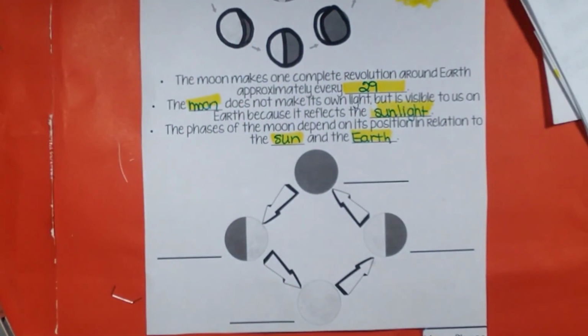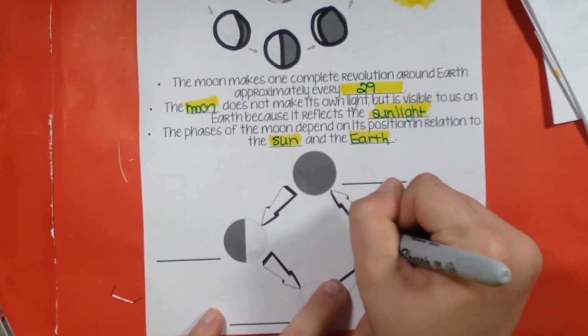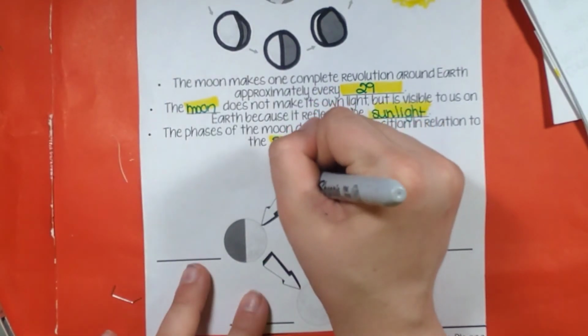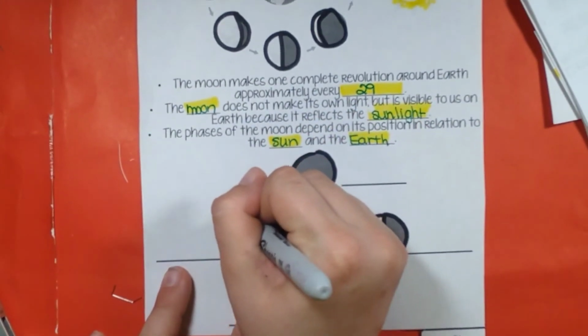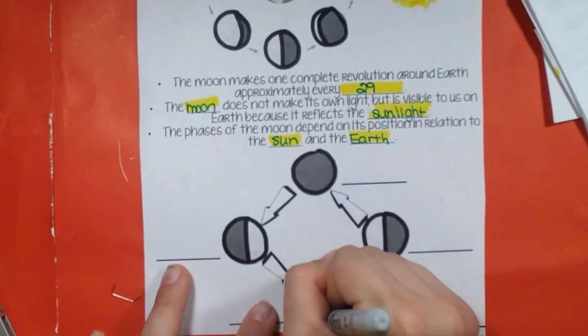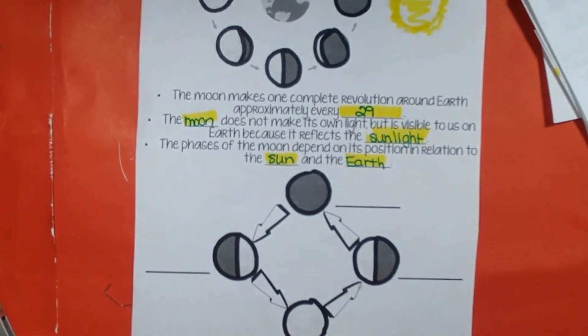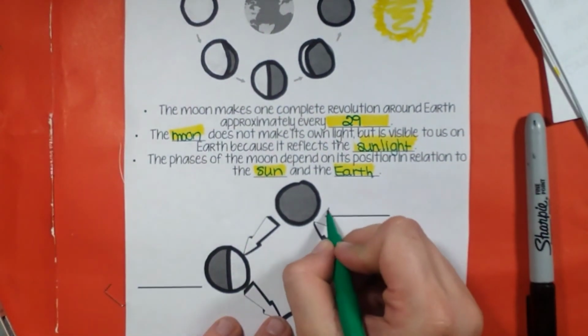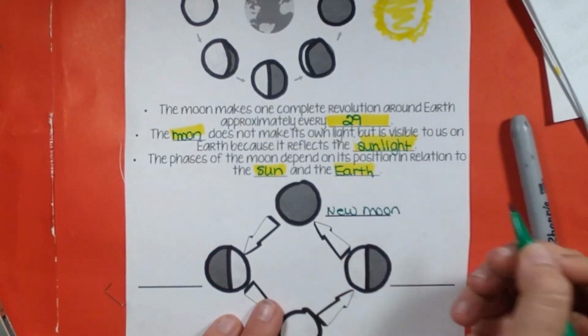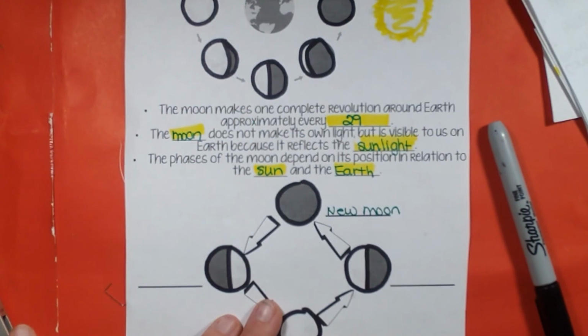So I'm going to do that here too. And we're going to list what these are. Okay, this is a new moon. This is a full moon.